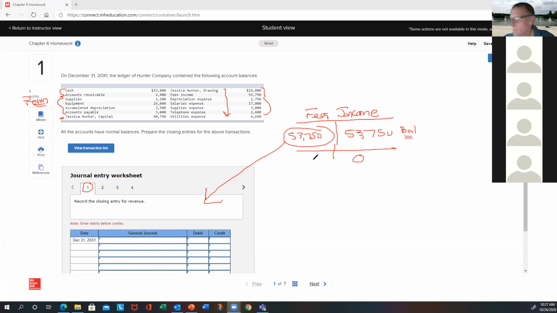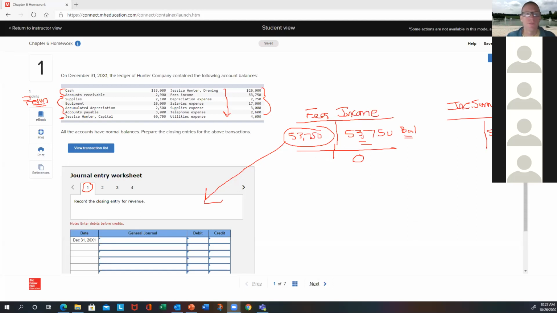But remember, we have to put it somewhere. So we're going to follow their approach, and we're going to put that into income summary. So I'll just draw my T account, there's income summary. We're going to put this 53,750 into income summary as a credit.